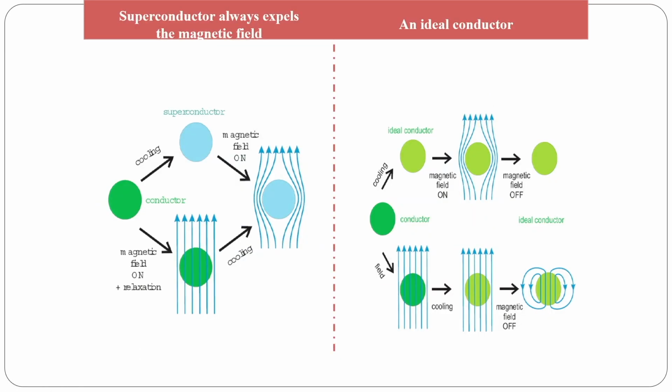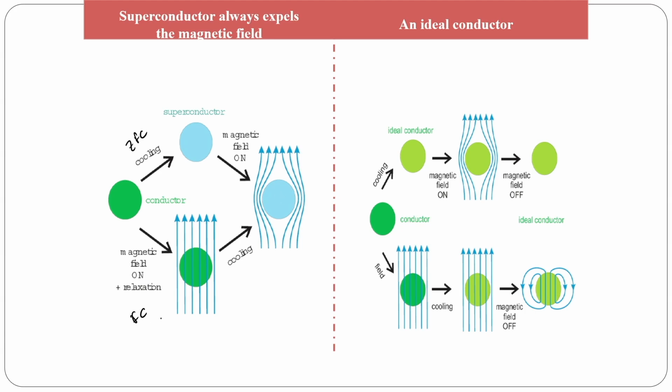How can you distinguish between a perfect conductor, an ideal conductor, from a superconductor? So, on the left we see an experiment for a superconductor. This is called ZFC, which is zero field cooled, and this is called field cooled, FC. So, if you take a superconductor and simply cool it, it becomes a superconductor, then you put a magnetic field, it gets expelled.